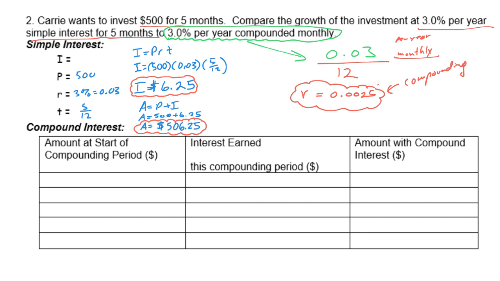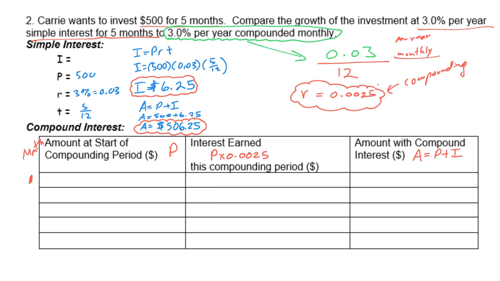So in this case, the interest is always P times 0.0025. And that's what we always have to do. And remember, our starting amount is always P, and then we have A equals P plus I in the third column. So what I want you to do is imagine that this was the months. So at the end of the first month, we should have a total amount of money.